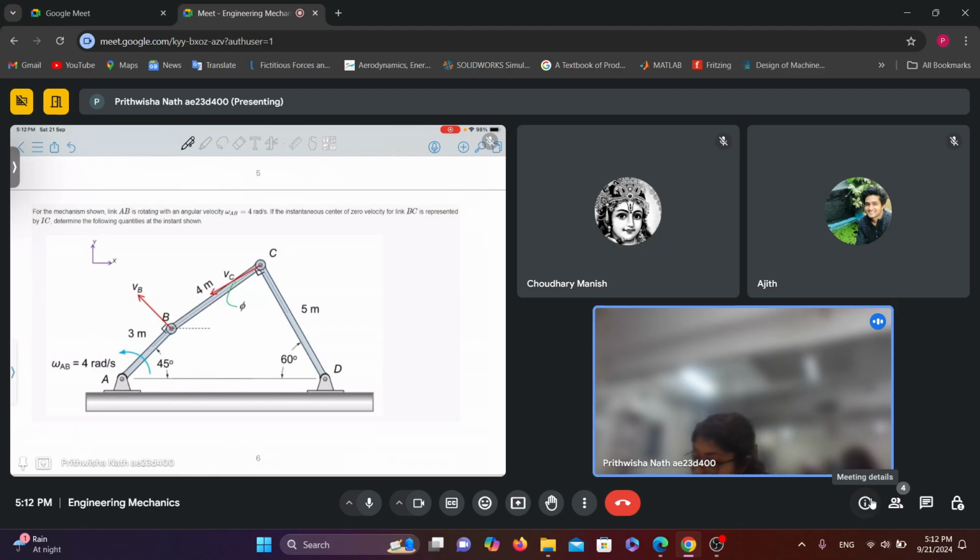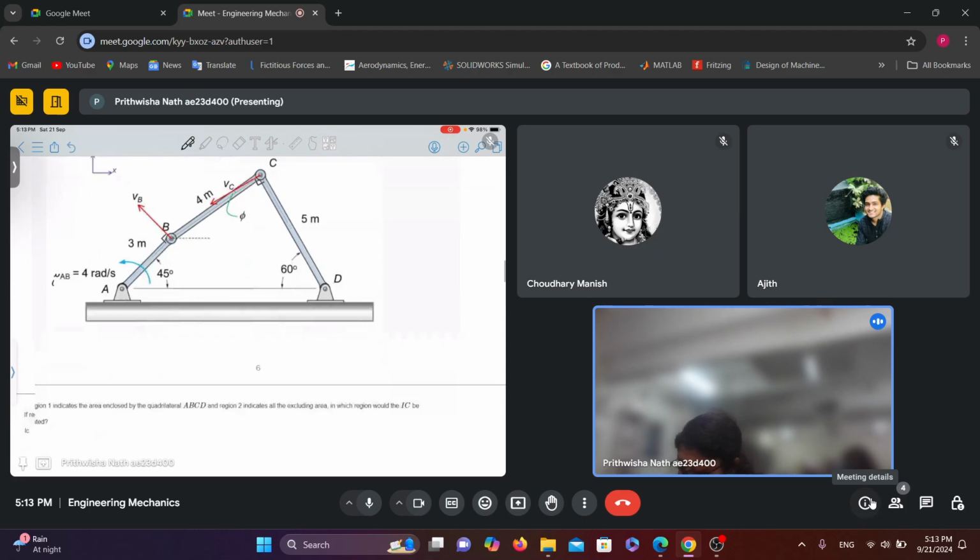So this is the mechanism shown, and the link AB has omega equal to 4 radians per second, and the instantaneous center of zero velocity for link BC is represented by IC.